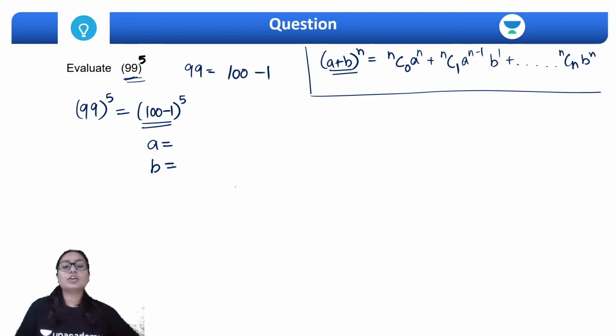Yes, please tell me the value of a and b. You have to compare it with 100 minus 1.